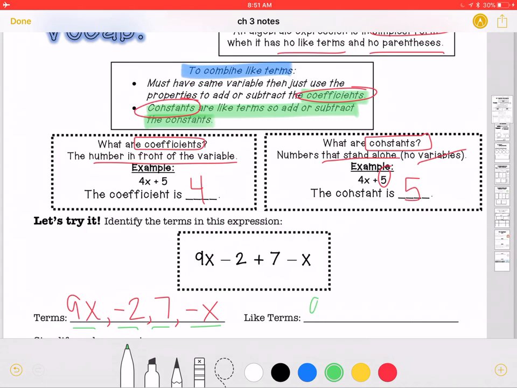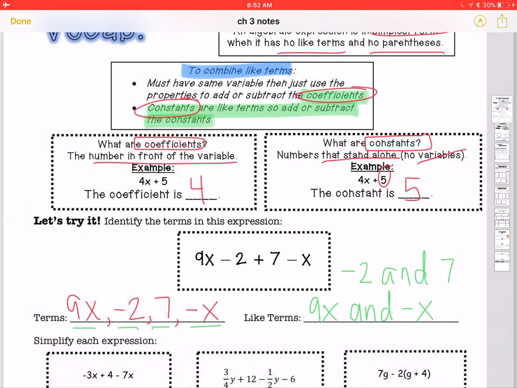So if I have 9x, which other term also has an x, that same variable? I'd say negative x. That's a pair of like terms. There's also another pair here, our constants, -2 and 7. Remember, numbers that stand alone are alike. So we had 2 pairs of like terms, so make sure you list them out. We always keep them in pairs.